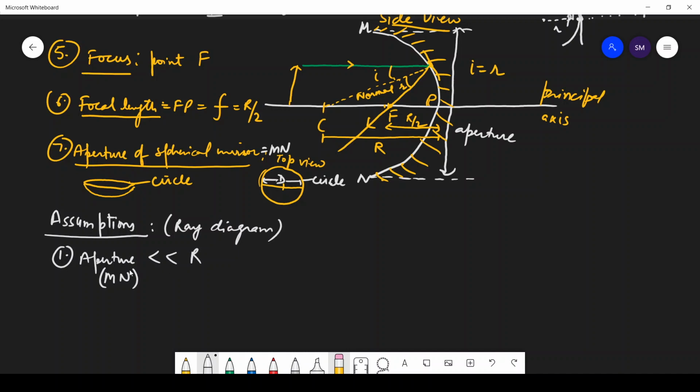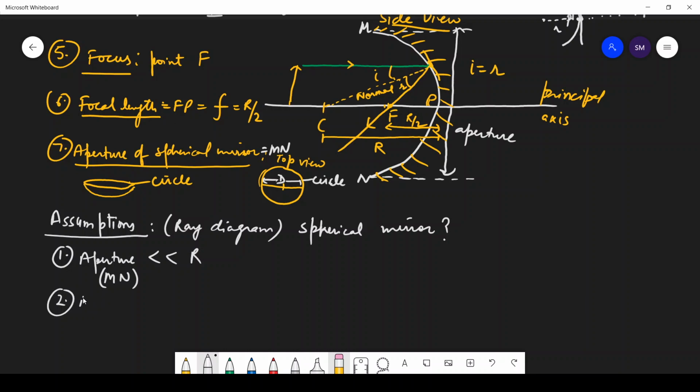So this is the assumption when you make ray diagrams. Which spherical mirrors are you taking? You will take the spherical mirrors whose aperture is much less than R. Okay. Now another assumption is that the ray will be very near to the pole. The ray that I am drawing here is very near to the pole.